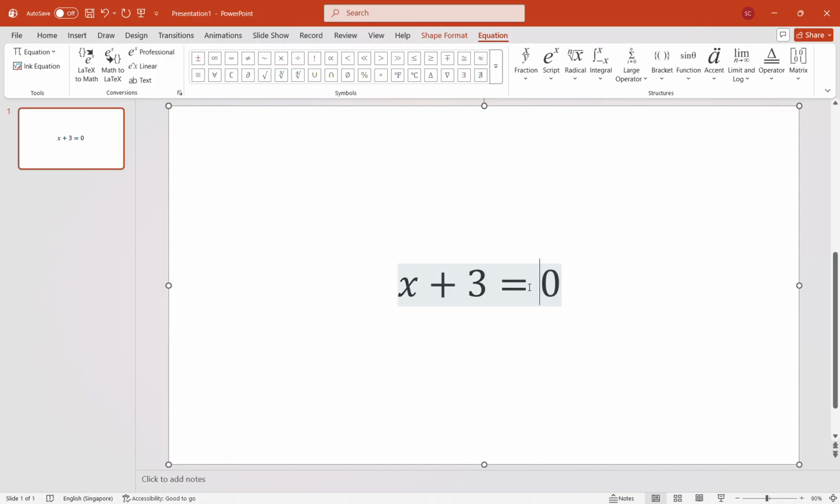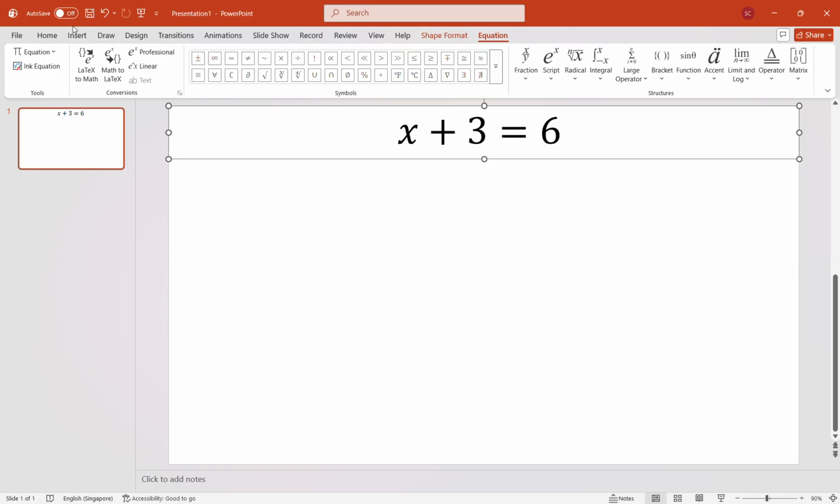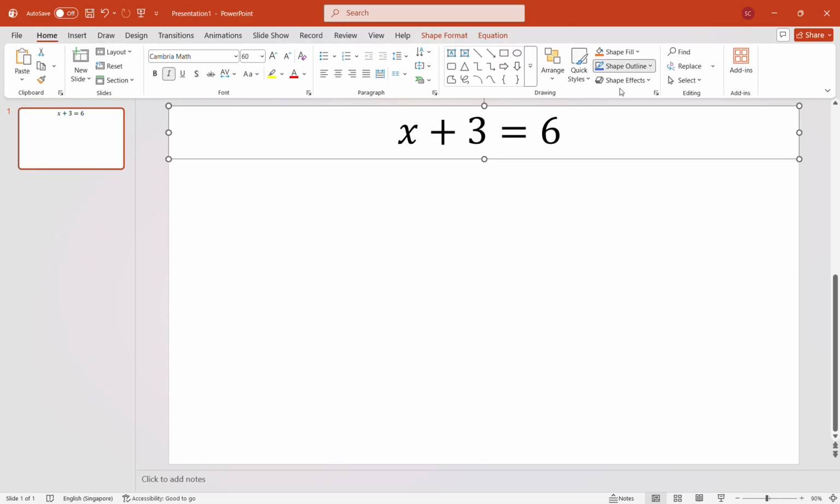Wait, no. I think x plus 3 is an equation and not an expression because it has a definite answer. Heck, x itself is also an expression, I think. Yeah. So let's learn how to actually solve them.